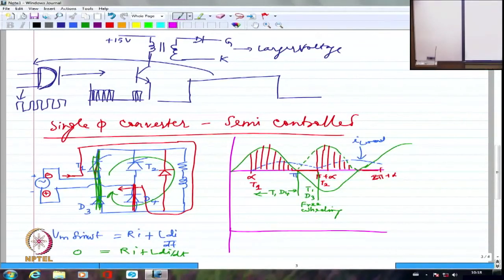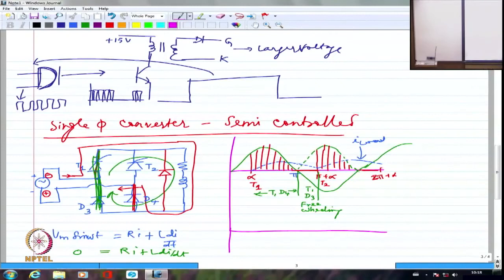So fortunately, when we operate a semi-controlled converter in actual practice, we hardly see the supply getting short circuited. His question was basically that if this is in reverse recovery and this has already jumped into conduction, you are going to short circuit the supply, which is normally not good for the supply.